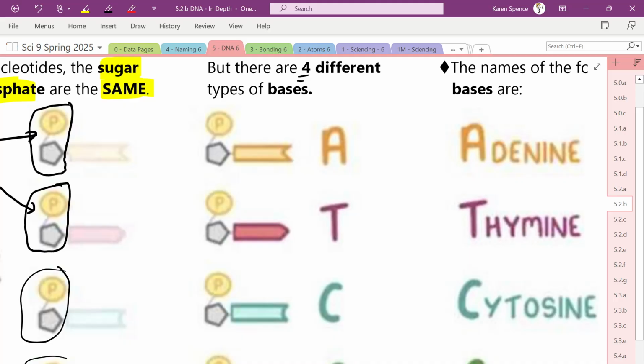Okay? And you'll notice that A looks like a triangle. T looks like a triangle, but going the other way.